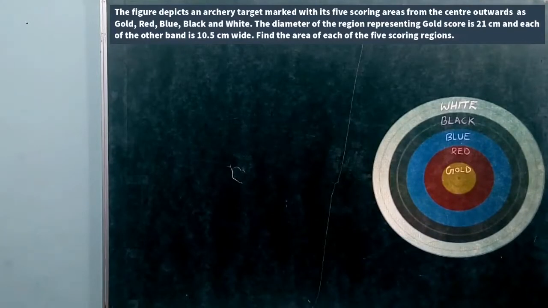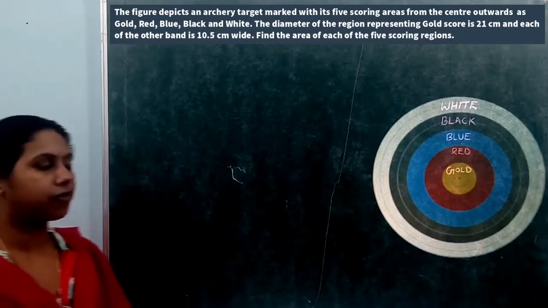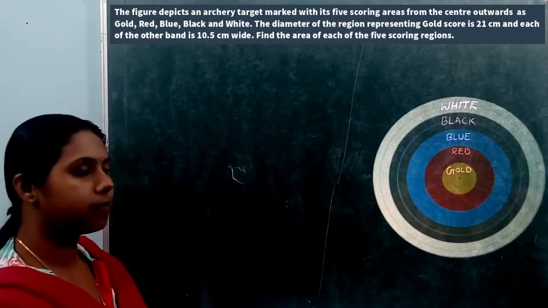In the figure, the diameter of the region representing gold is 21 centimeter and each of the other bands is 10.5 centimeter wide. Find the area of each of the 5 regions. Here, the diameter of the gold is given as 21 centimeter.